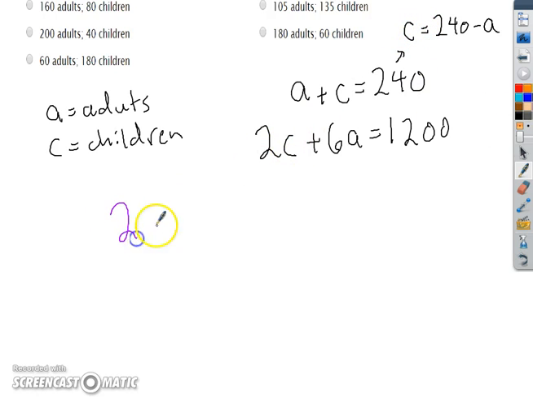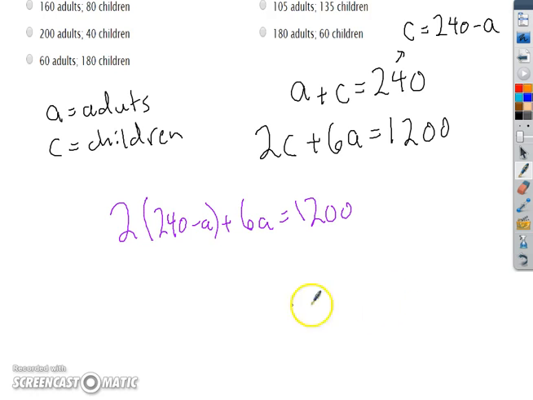So instead of $2 for children plus $6 for adults is $1,200, I'm going to replace this with how many of them are children exactly. So 240 in total minus A for however many adults. All right, and then I have the same steps as I did before. I'm going to distribute, I'm going to add like terms, and then I'm going to solve.